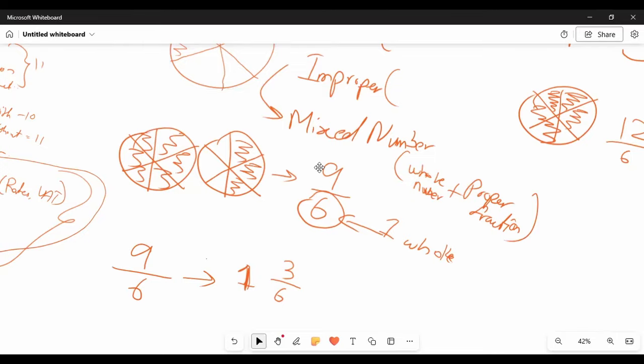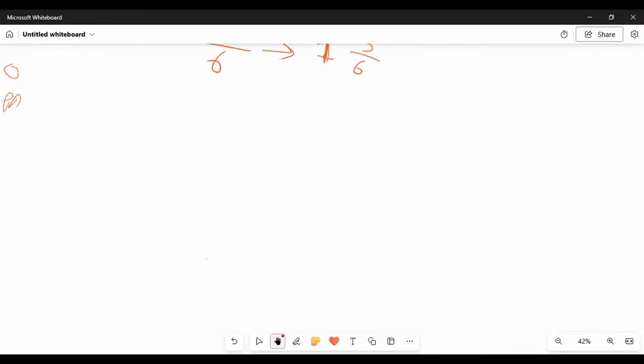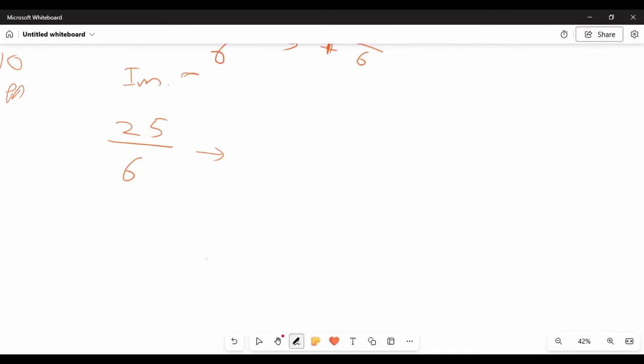All right. Now, what if I give you a question? What if I ask you to convert, let's take 25 over 6. We know that this is an improper fraction because it's greater than 1 whole. If I ask you to convert this improper fraction to a mixed number, what would be the answer?